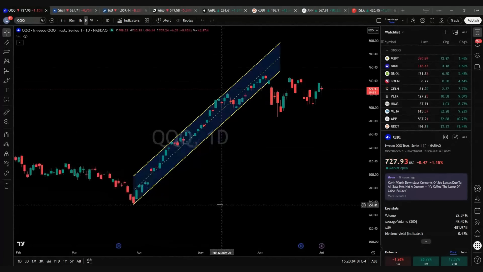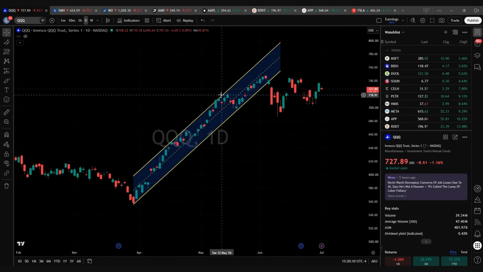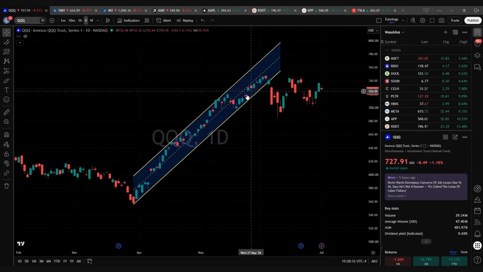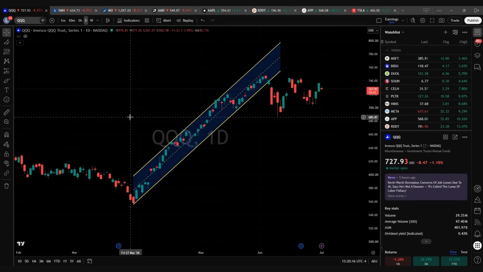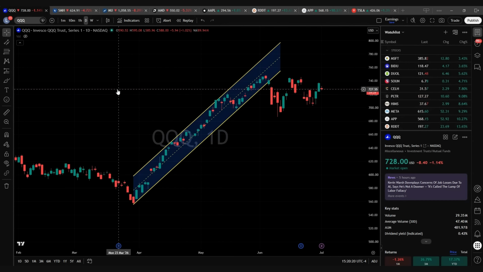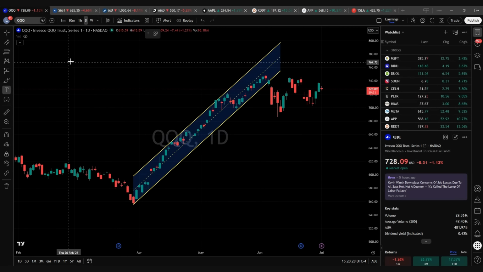So I have this beautiful trend line up here, but there's an actual matching trend line to the other side of it. And similar to regular upsloping trend lines, on a break of a parallel channel, it is bearish, and it's bullish the other way.